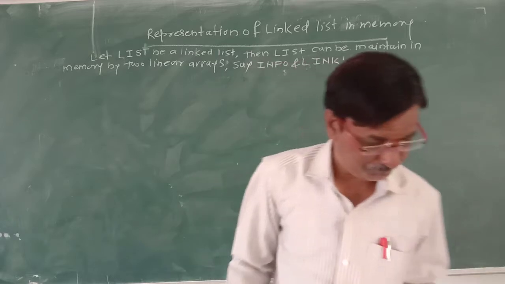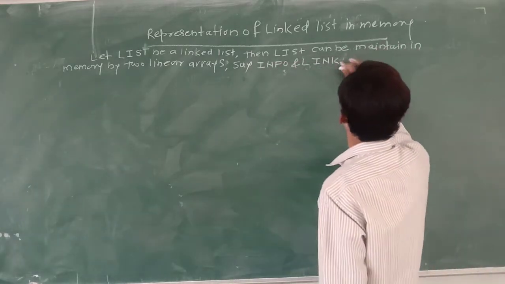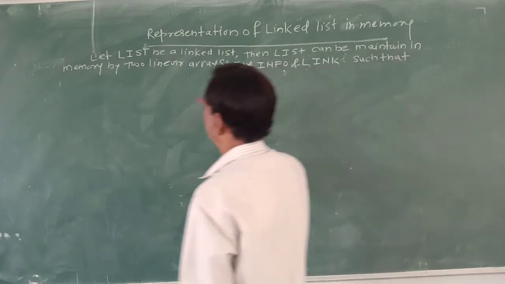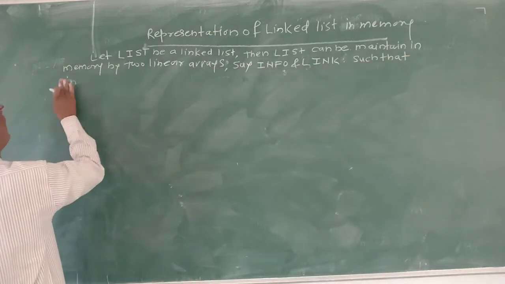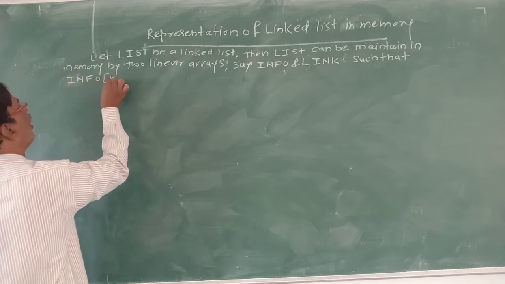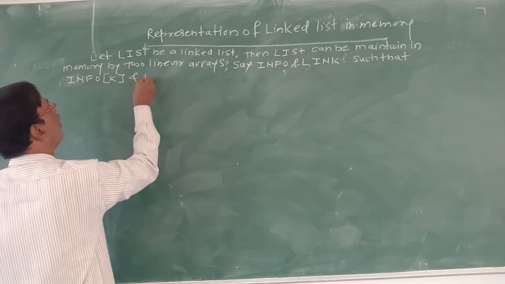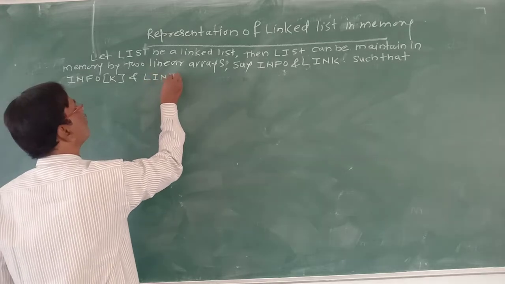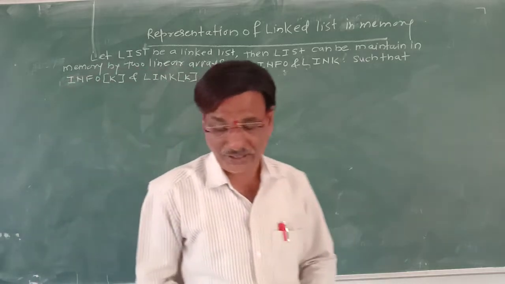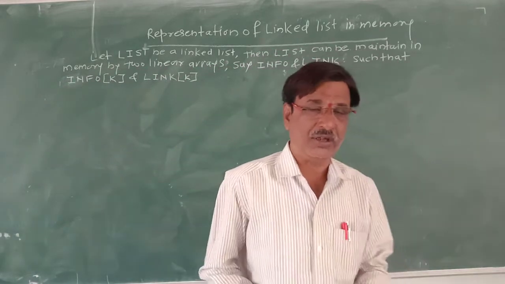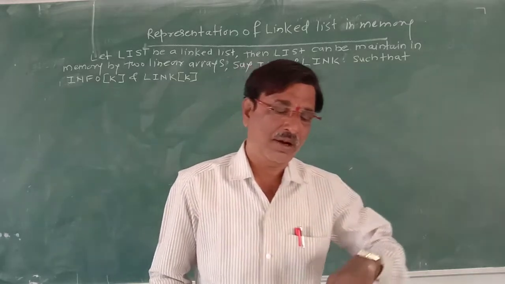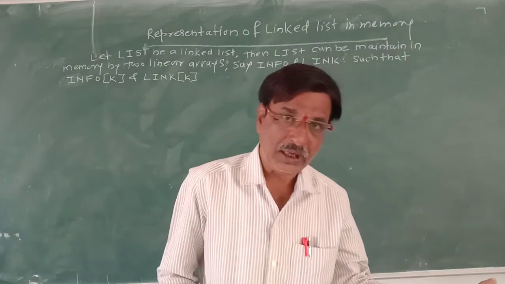such that info of K and link of K will give what? Suppose K is 3. So info of 3 and the next address of 3.